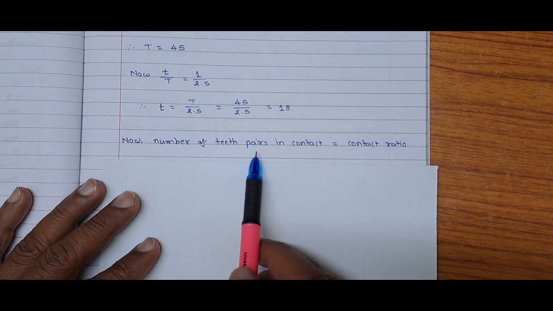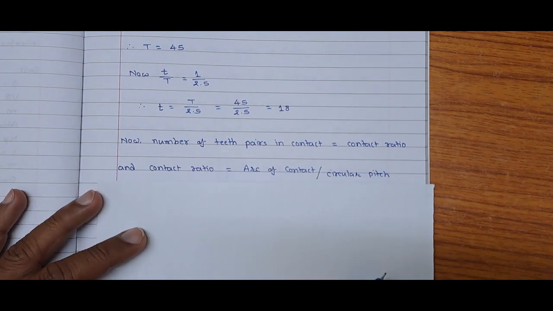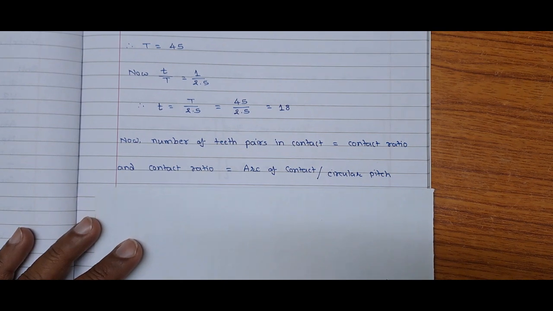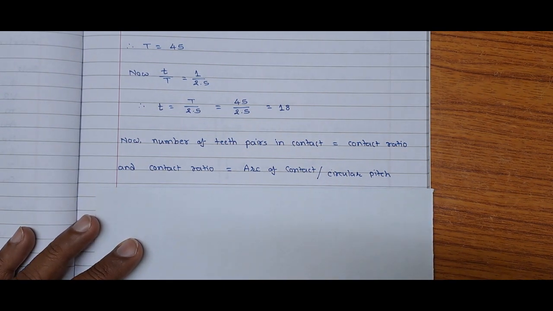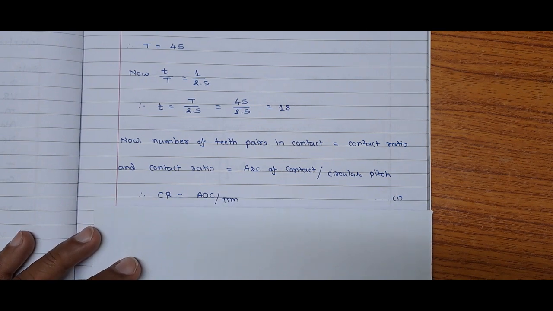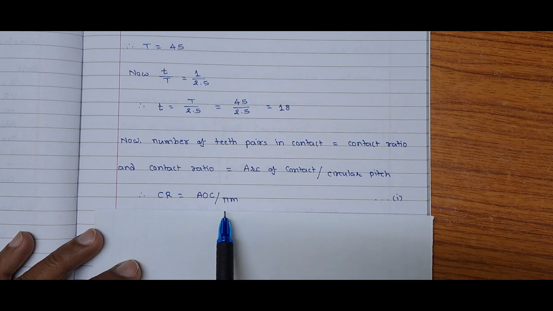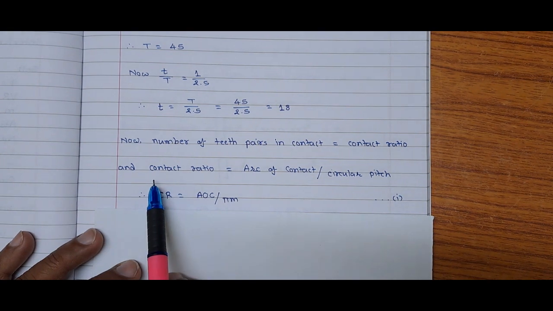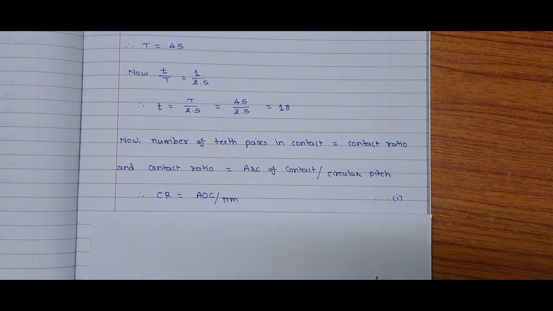Now the number of teeth pairs in contact is nothing but the contact ratio, and the contact ratio is given by arc of contact divided by circular pitch, and we know that the circular pitch is given by pi m. So the contact ratio is equal to arc of contact divided by pi m. Let us say this is relation number 1.